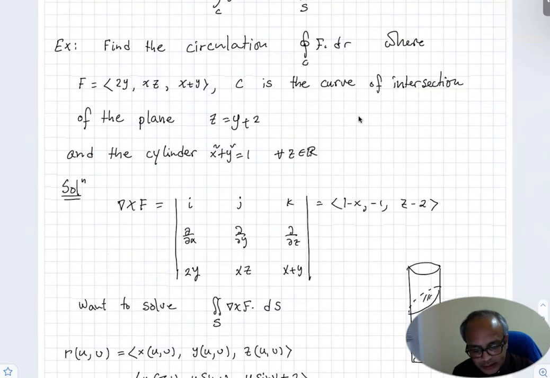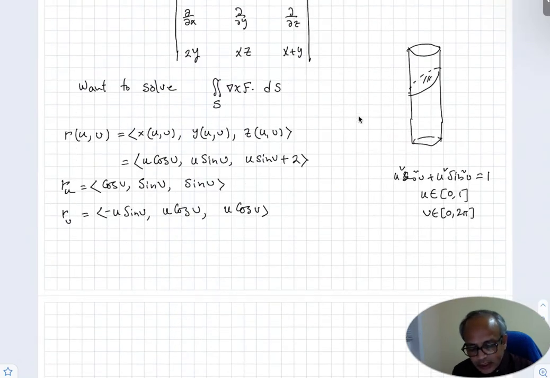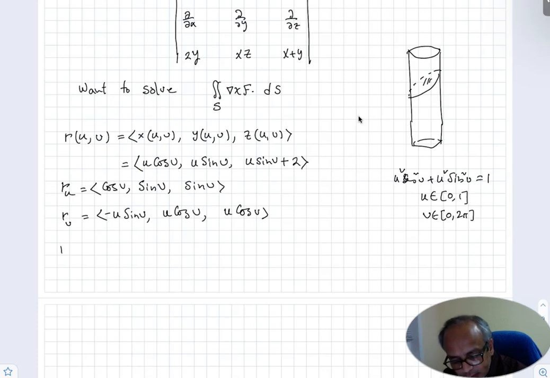Okay, so let's just make some room. I'll take the cross product r sub u cross r sub v, and again the cross product would be straightforward here by looking at this. You look at this cofactor and then you take those two columns, and that is very clearly coming from 0, comma, u, comma, u.